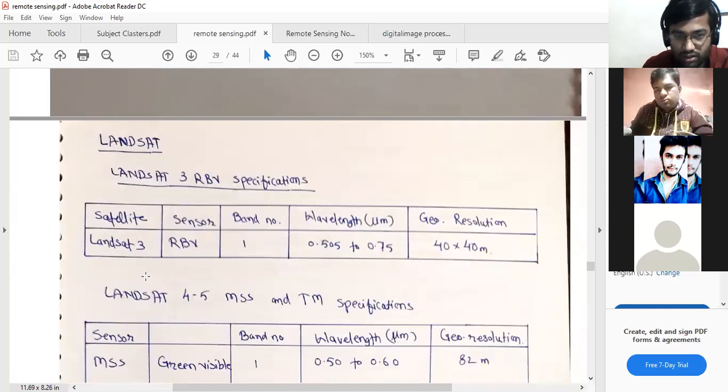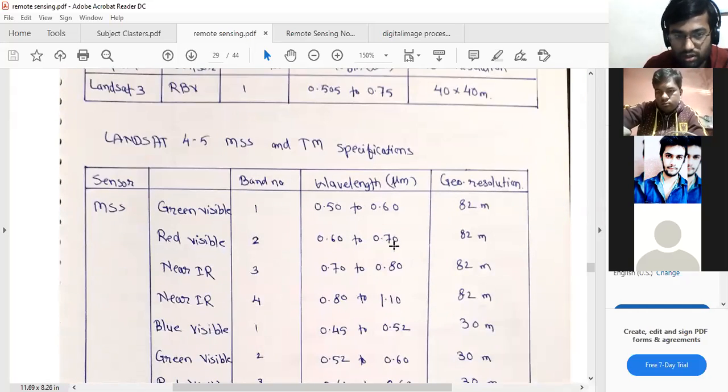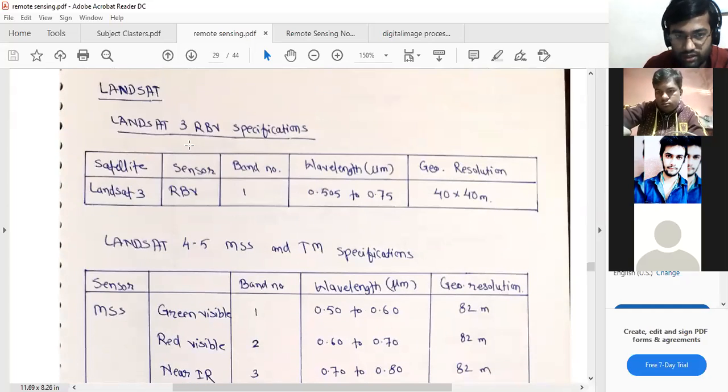Then we have Landsat. In Landsat 3 we are using the RBV sensor, band number 1, in the wavelength range of this much, and resolution 40 by 40 meter. This is Landsat 3.